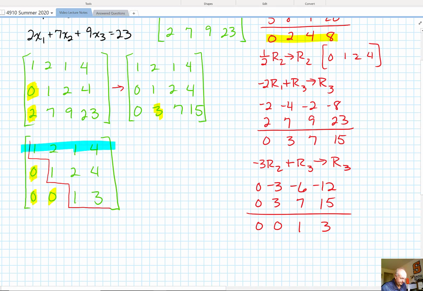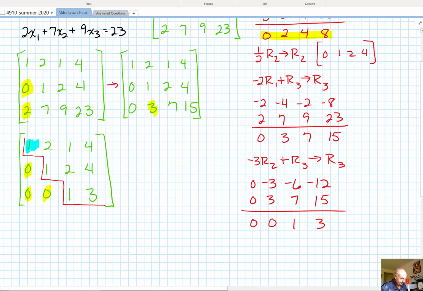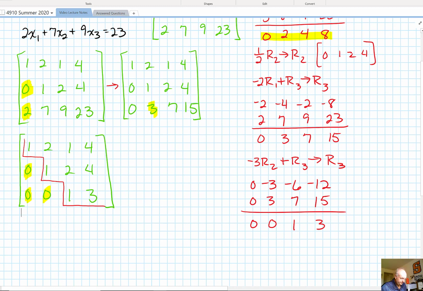Okay, this is really weird to say it this way, but if you have a row that contains non-zero elements, say for instance this one right here, and you find the first non-zero element in it, then that means there are only zeros below it. There have to be zeros below it. So in other words, you kind of cleaned out all the terms in front of this leading term for that row. Okay.